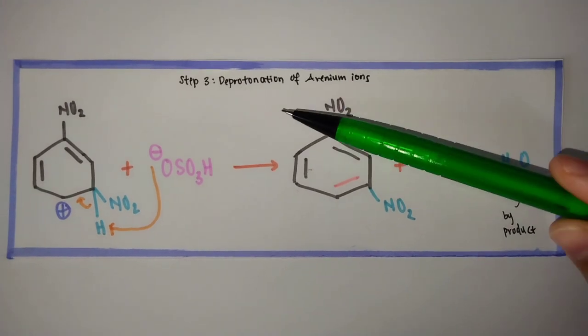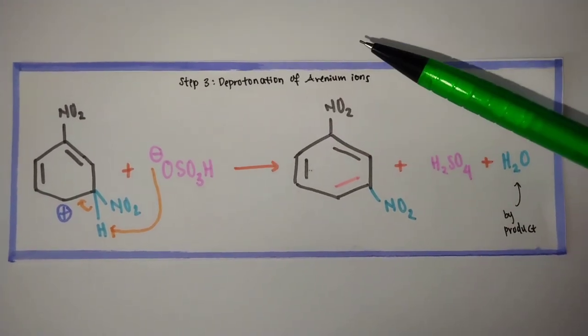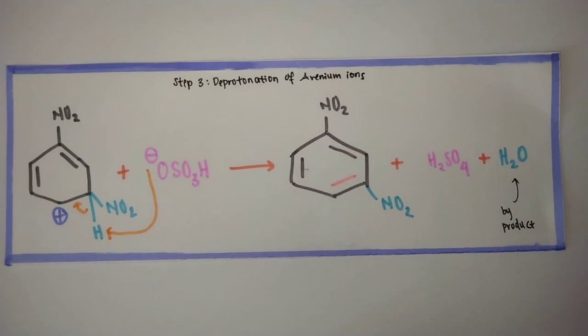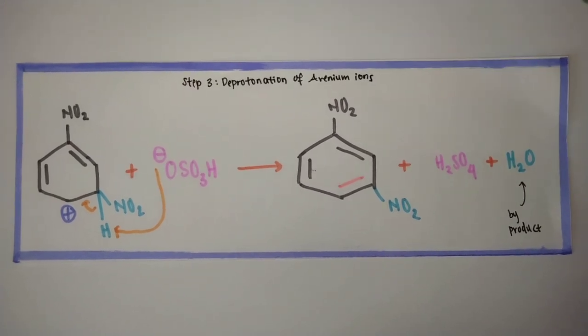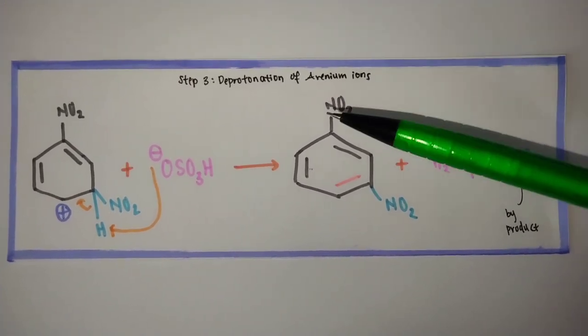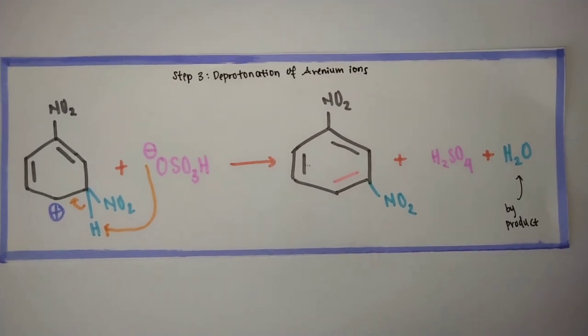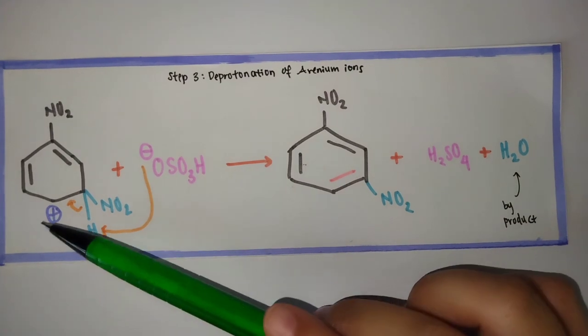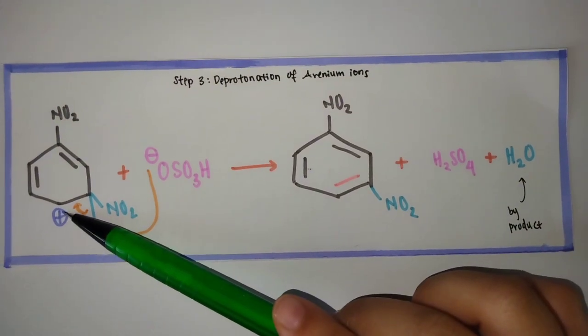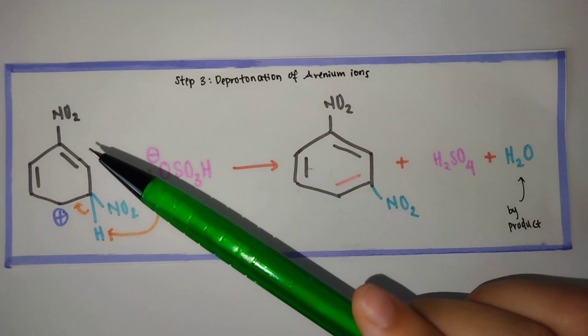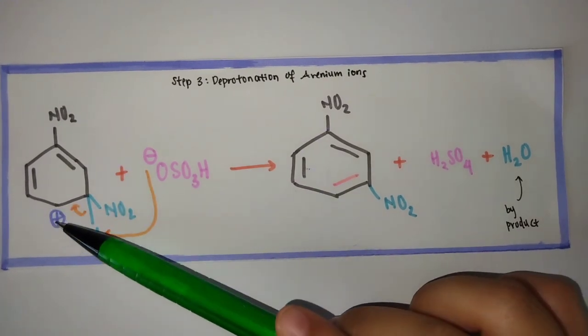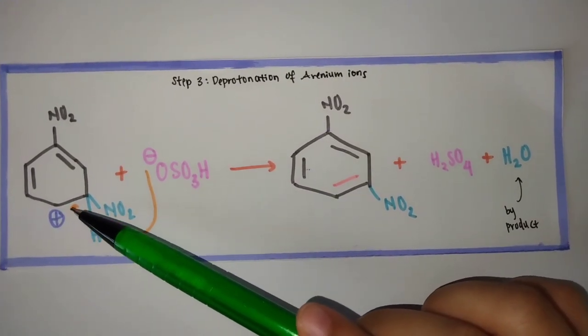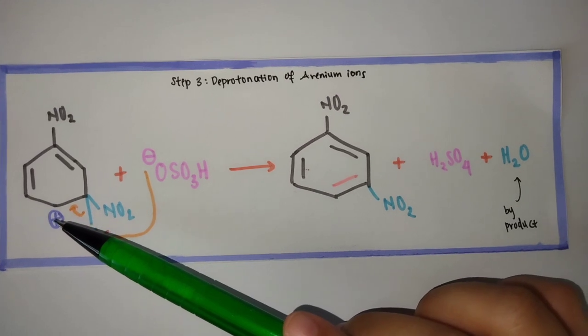So this is the last step in this mechanism, which is the deprotonation of the arenium ion, meaning removing a proton. After the formation of the arenium ion, a positively charged carbon atom is within the nitrobenzene. This positively charged carbon atom is often adjacent to a hydrogen atom on one of the ring carbons.